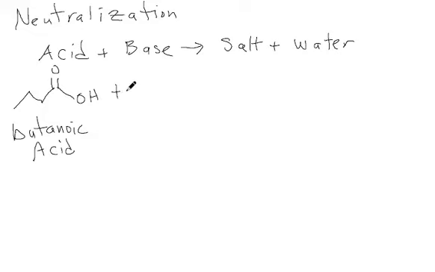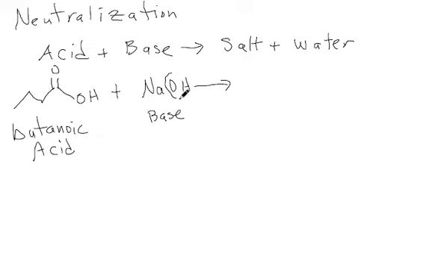We're going to react this with a base, and that base will be sodium hydroxide. And so this will be our base. And when the reaction takes place, this is a strong base, so it will be completely dissociated. There will be hydroxide ions in the water and sodium ions in the water.